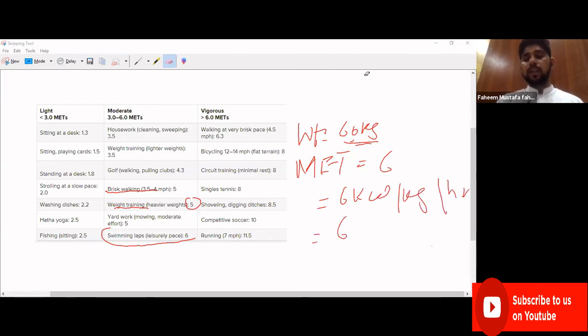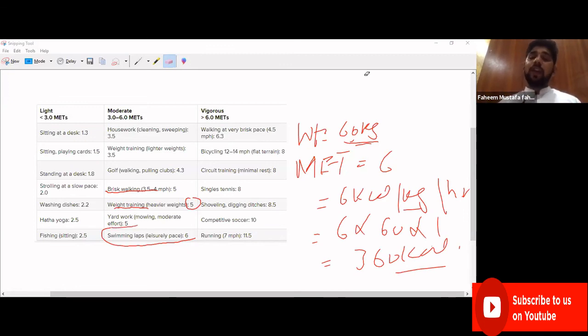So I'll multiply 6 with my body weight, that is 60, and I'm doing it for 1 hour, so multiply with 1. So it will be 360 kilocalories. So I need 360 kilocalories to perform swimming for 1 hour.